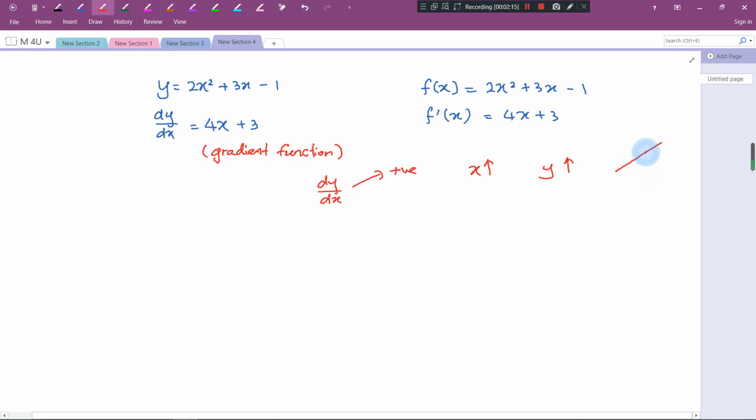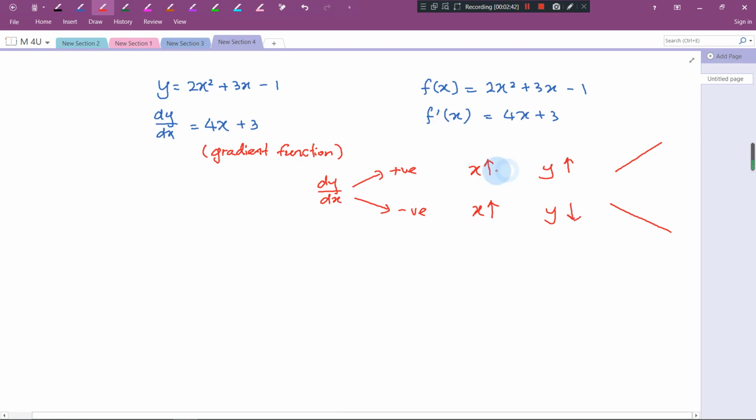If you get the value of the first derivative dy by dx negative, it means that when the value of x increases, the value of y decreases. So it will be this way. X increase, y decrease.